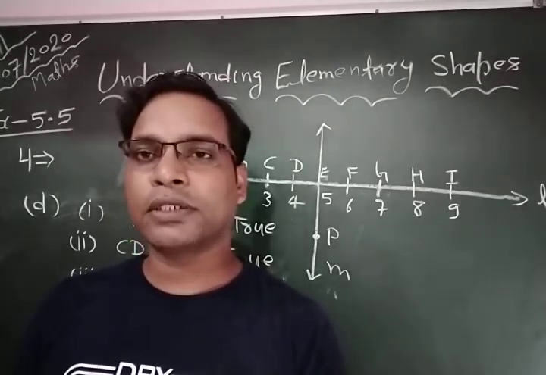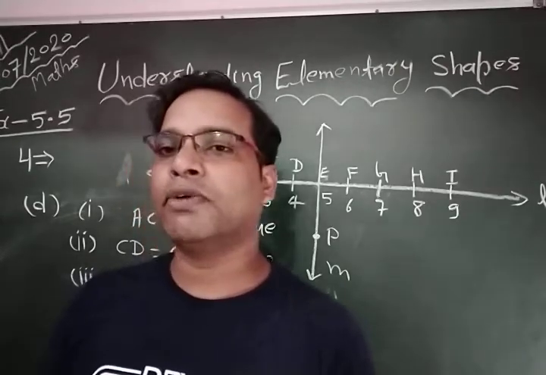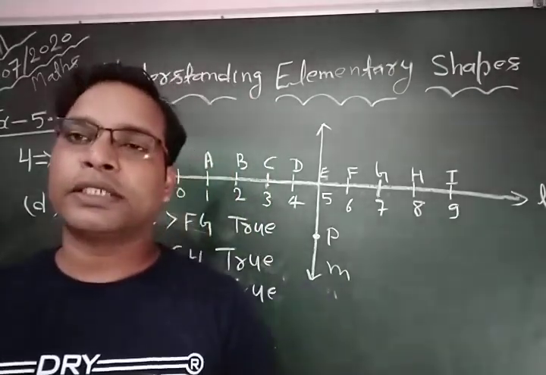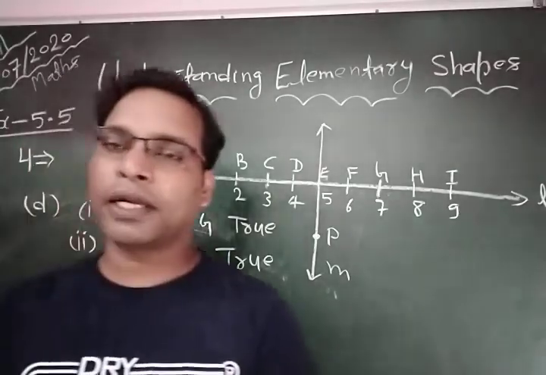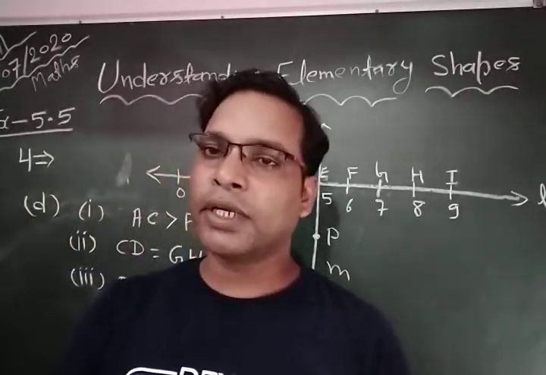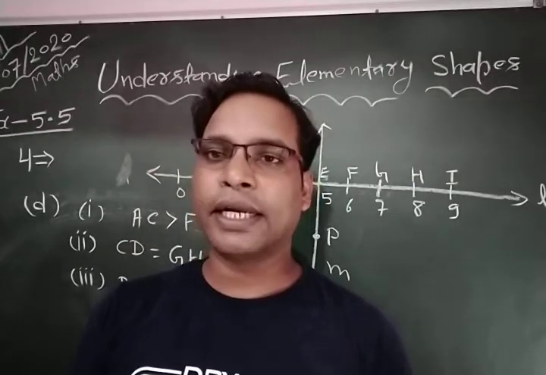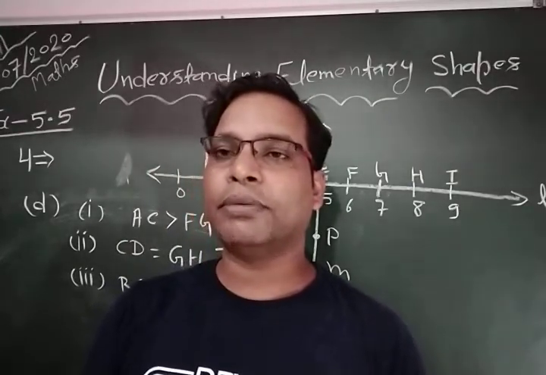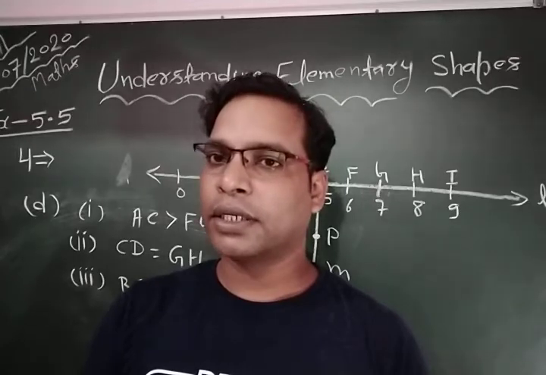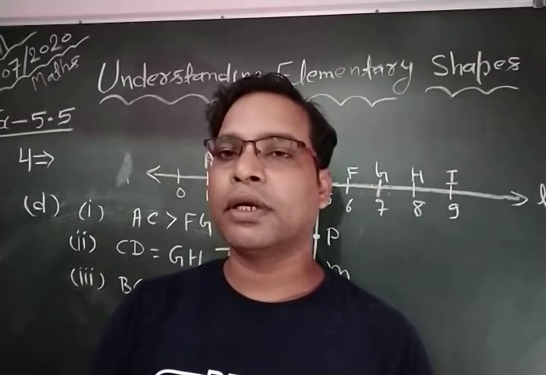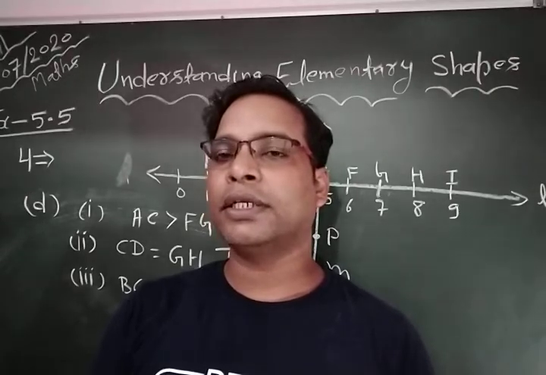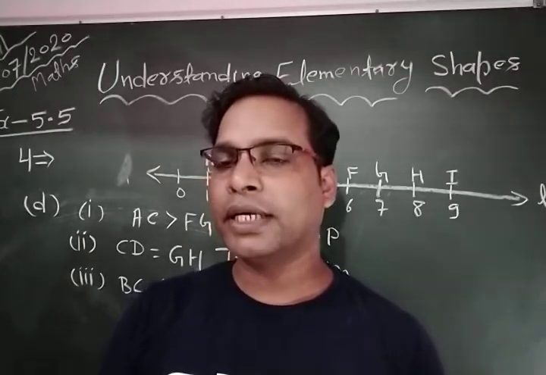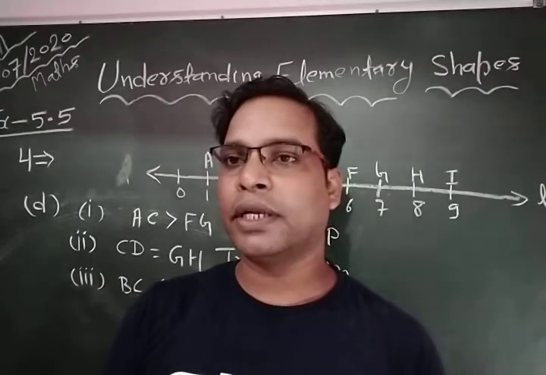In isosceles triangles, two sides are equal, and in equilateral triangles, all three sides are equal. And on the basis of angles, acute angle triangle, right angle triangle, and obtuse angle triangle. Clear? So in this way, you can say there are 6 types of triangles. 3 are on the basis of sides, and 3 are on the basis of angles.